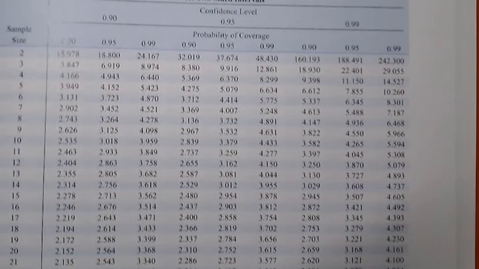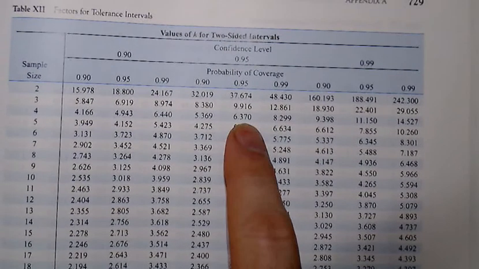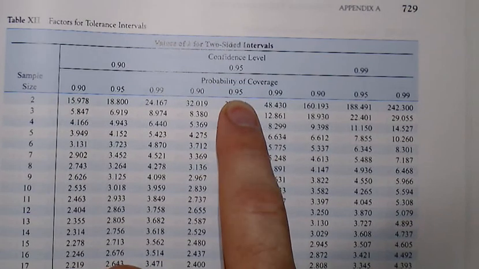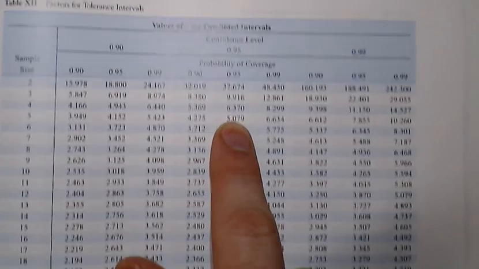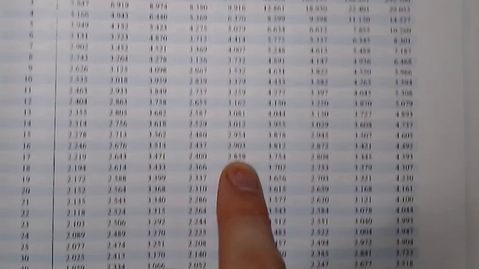On the facing page, or the opposite page really, page 729, for the 95% confidence level, 95% probability coverage, two-sided, once again the k value gets smaller and smaller as n gets larger and larger.